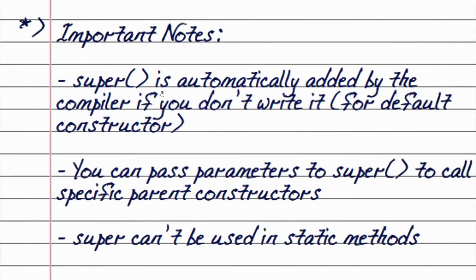Now let's see some important notes about the super keyword. Super is automatically added by the compiler if you don't write it. Whether you mention it or not, the compiler will add the super keyword by default.